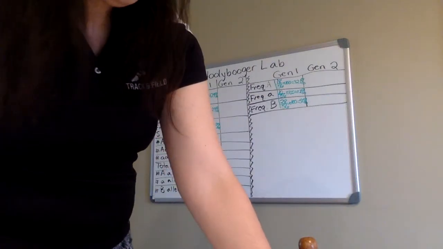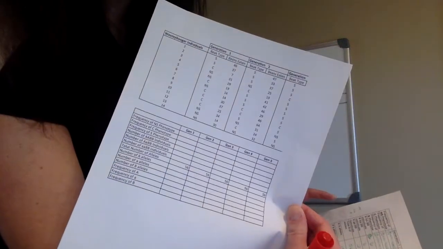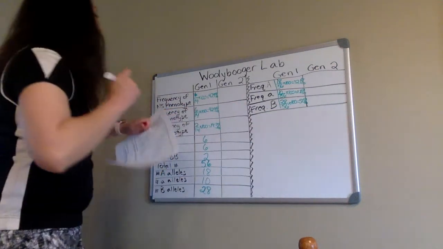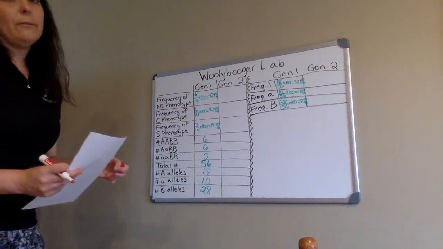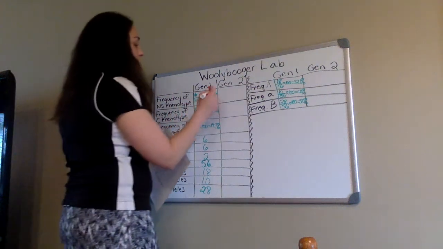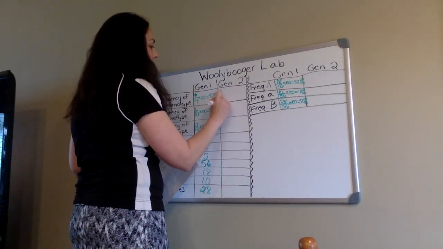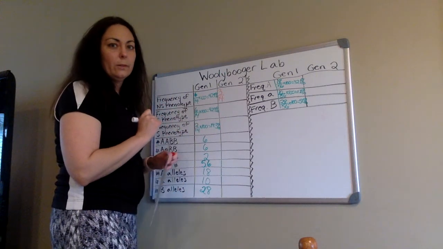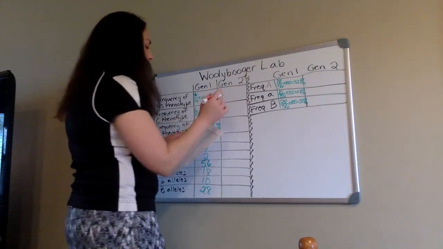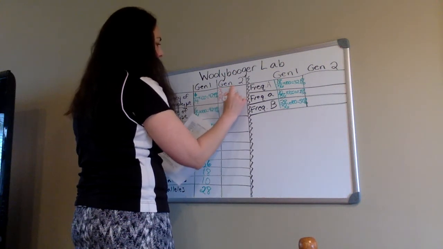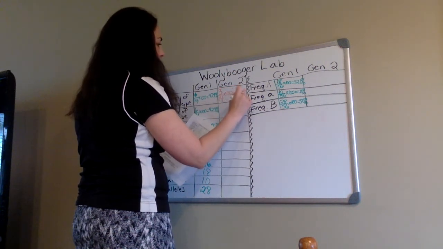So if you add up from generation 2's column how many narrow spatulas we have, you would see that now we only have 3 narrow spatulas. So 3 narrow spatulas over 14, which is still the total number of woolly boogers, times 100 would give us about 21.4%.